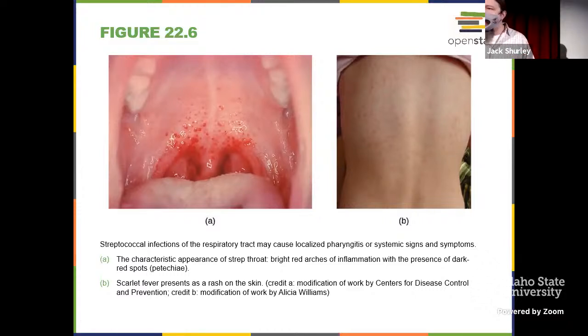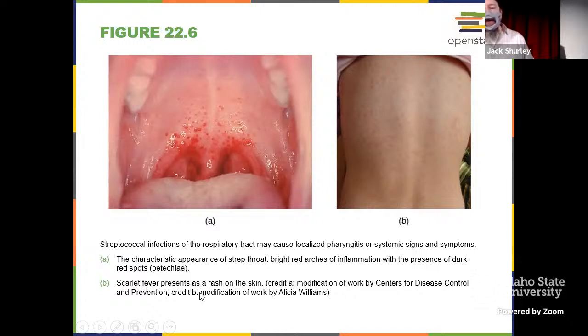There are other potentials, however, where we can see some other consequences as a result of strep throat. And it kind of just depends, in some circumstances, on the bacterium in the first place and if there's other things going on.